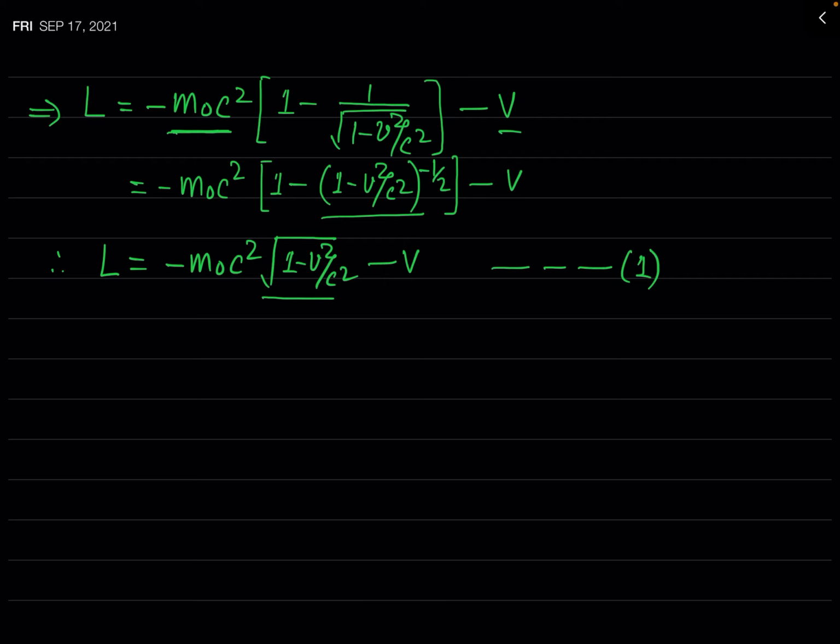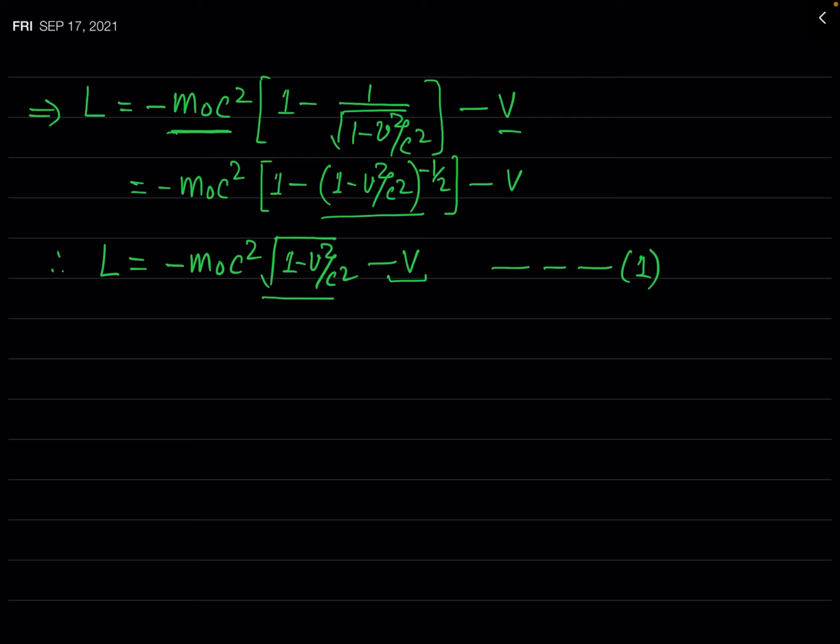So remember, the Lagrangian for a particle moving with relativistic motion is given like this: L equals minus m naught c square times root over 1 minus v square by c square, minus V. Now the expression for this Lagrangian L will depend on the value of this potential energy V, and the value of potential energy depends on which field our particle is moving in.